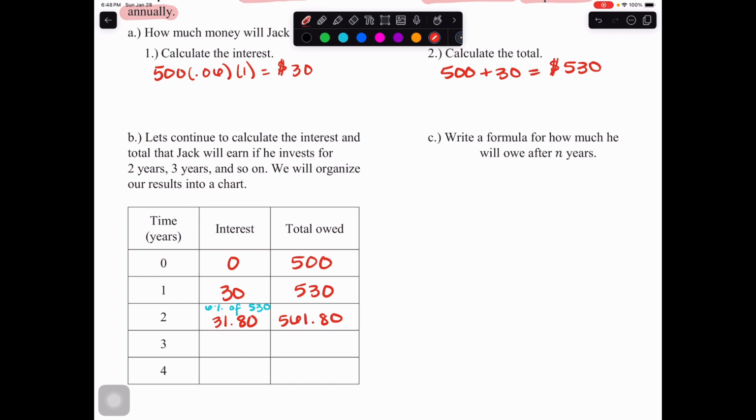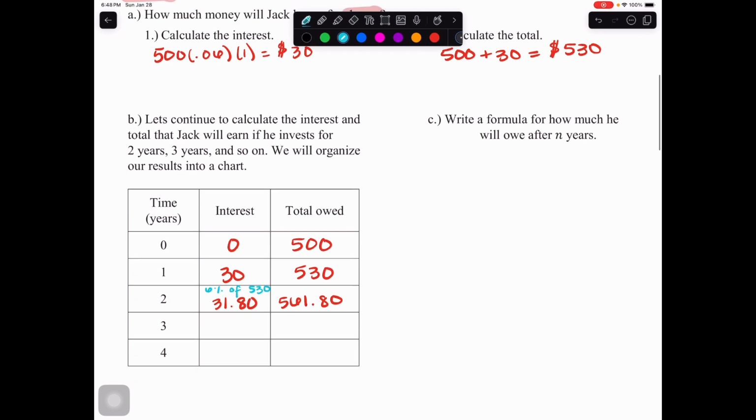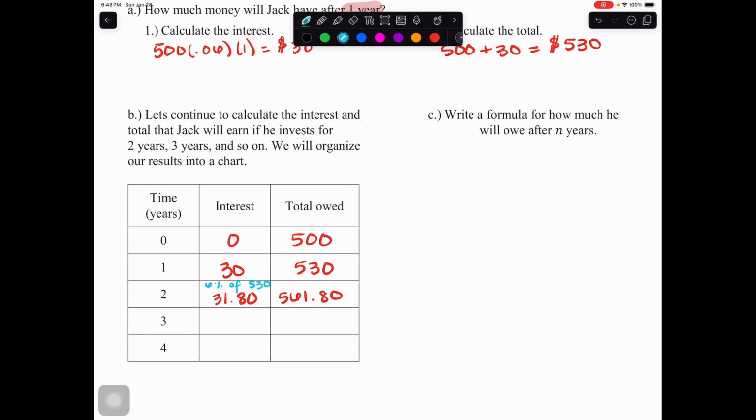Then, in order to calculate the third year, I'm going to do 6% of my most recent total, which is 561.80. So I'll take 561.80 and times it by 0.06. Remember, 6% as a decimal. When I do that, I'm going to get 33.708.